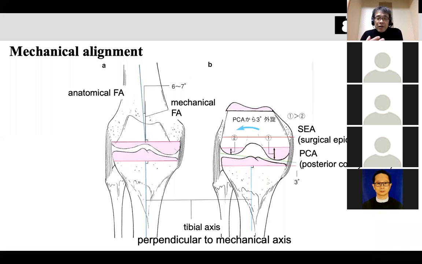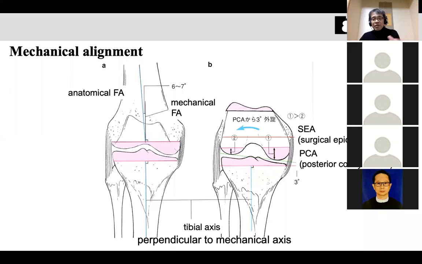So in flexion, the cutting line is thinner on the lateral side and thicker on the medial side. It is a very important point. So in mechanical alignment bone cutting, on the tibial side, the lateral side is thicker and the medial side is thinner, and on the posterior condyle, the lateral side is thinner and the medial side is thicker.